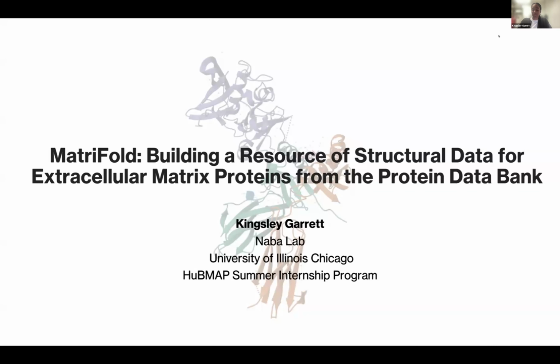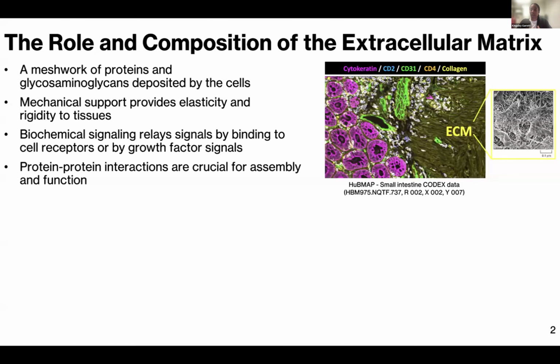And so within the ECM, there's various proteins that are large and soluble and often cross-linked, which contribute to their mechanical and biochemical properties, such as providing elasticity and rigidity to tissues and relaying signals by binding to cell receptors or modulating growth factor signals. And so highlighting this image on the right, this is a tissue sample from small intestine taken from HuBMAP data set.